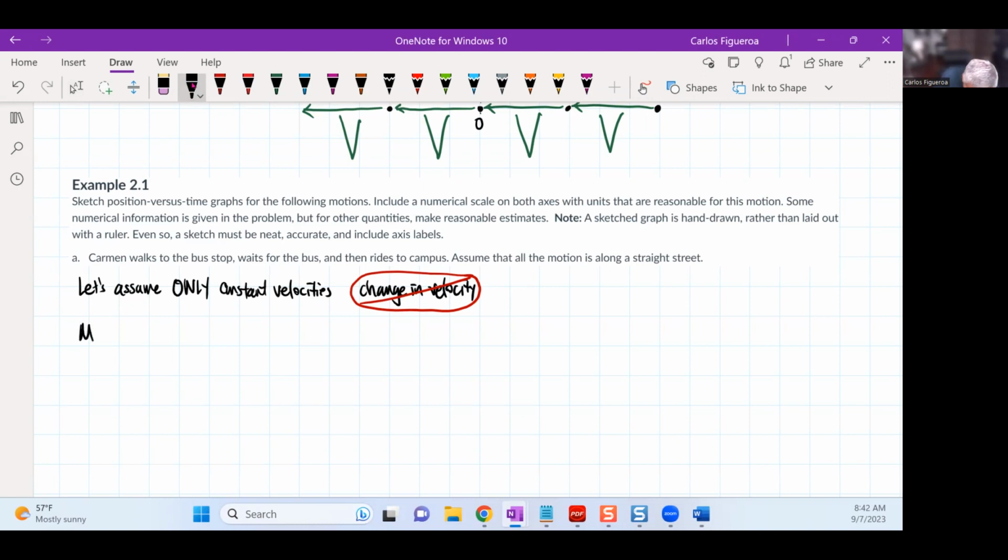So if I look at a motion diagram, here I go. Carmen is walking to the bus stop. So what do I assume? What I assume is that Carmen is moving at a constant velocity. Right? Here's her 0.